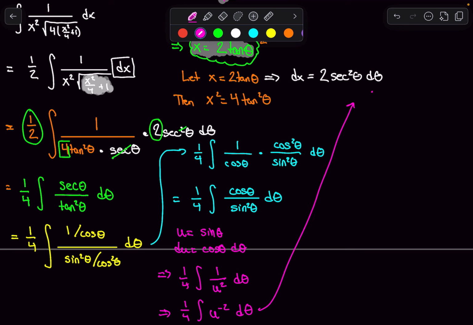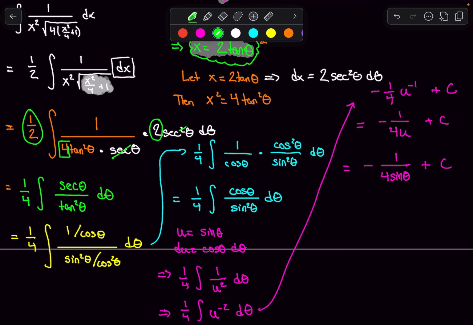Add 1 to the exponent, divide by the new exponent, so we're going to get a negative 1/4 times u to the negative first, plus c. And so now we're done, we've solved the integral. We have negative 1 over 4u. But what did u equal? u was equal to sine theta, so plus c.